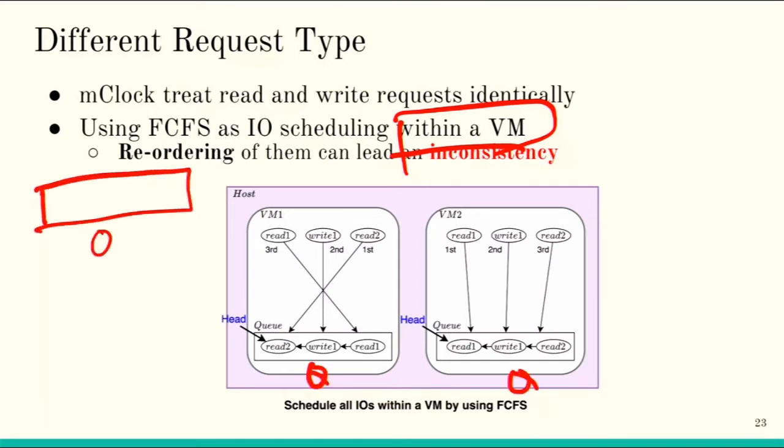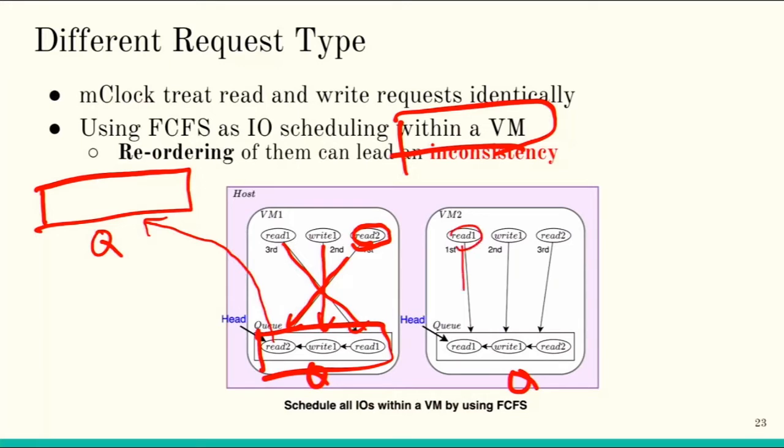This is the queue in the main algorithm that we discussed in the previous video. In this VM1, for example, the first comes from this read2 here, this is the second, and this is the third. So this is the queue. We put this element into this global queue here. This is for VM2: the first request, second request, third request.